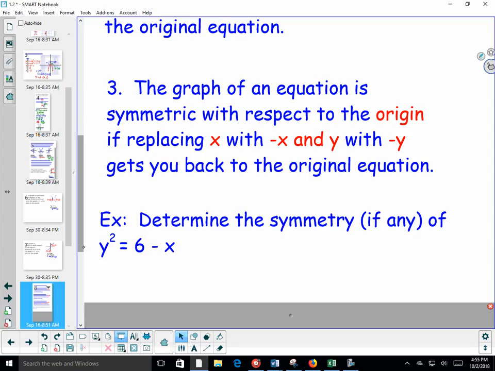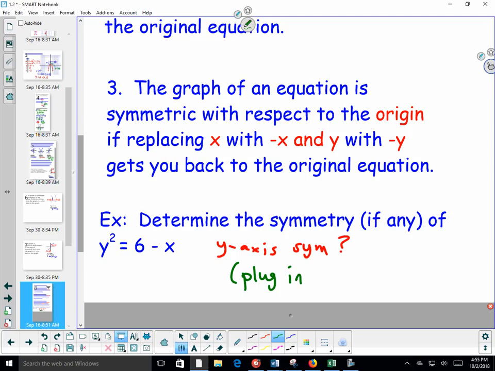So let's start with y squared equaling 6 minus x. If I was going to test for, let's say, y-axis symmetry, question mark, I don't know if it has it or not, I'm just going to test. So that means I would need to plug in negative x, or opposite of x, anytime I see an x. All right, so let's do that.